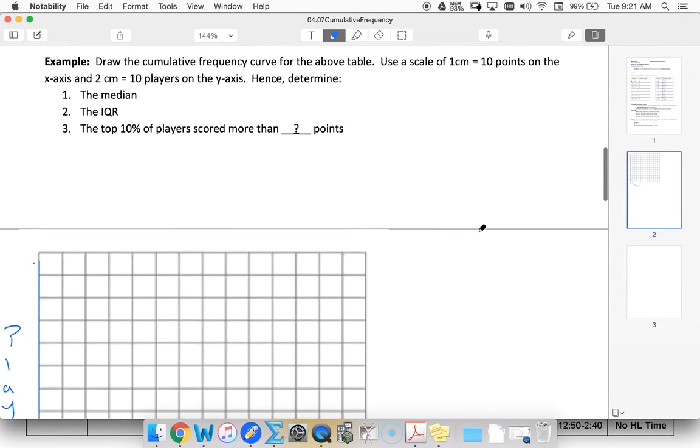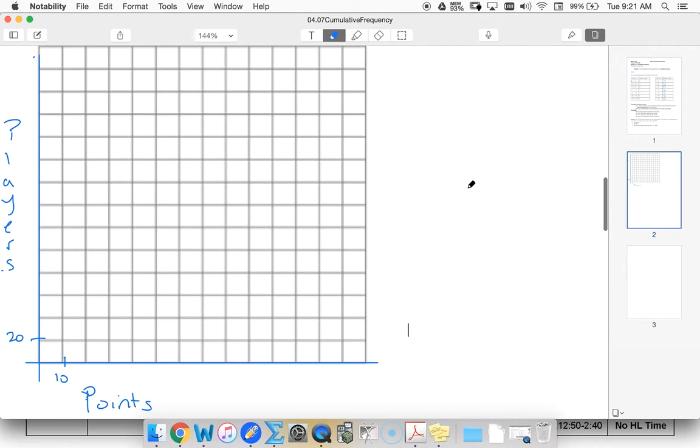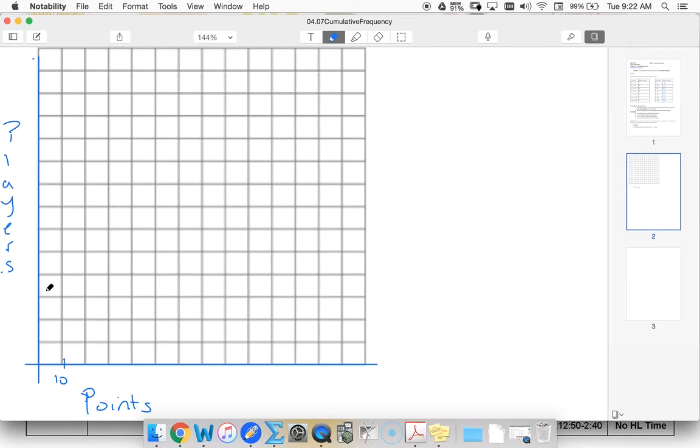Sorry, I think this said 2 centimeters is 10 players, so I should have actually done that the opposite way and counted 2 boxes to make 10 players. So up here is 10. And now my points, 10, 20, 30, 40, I'm just going to label my 50 and my 100.